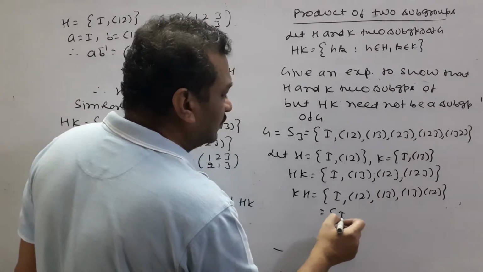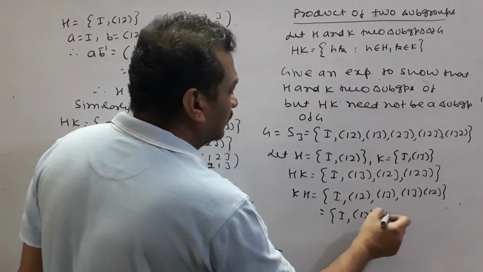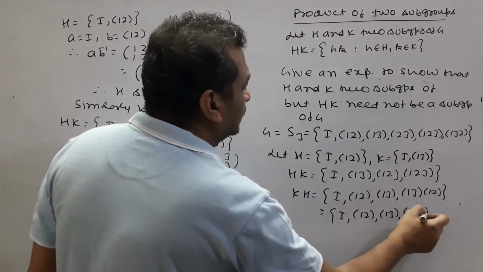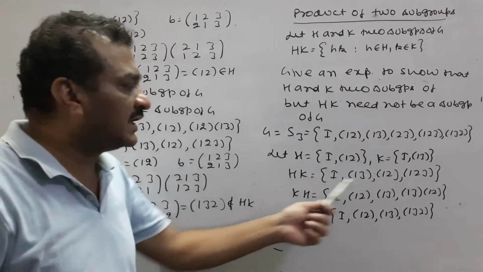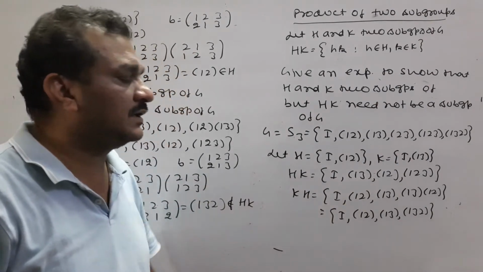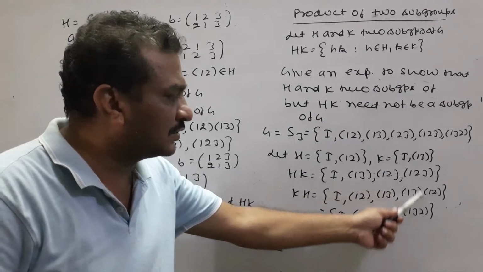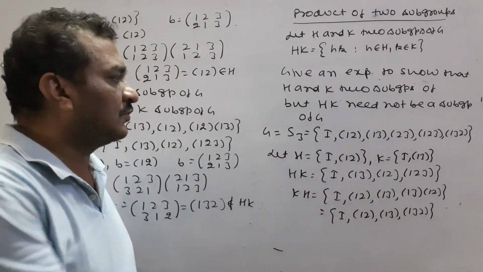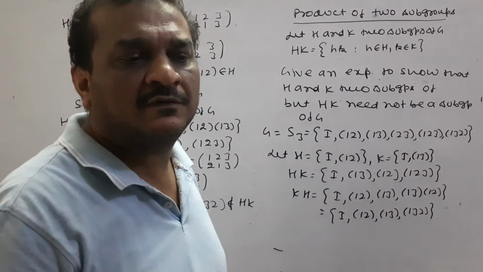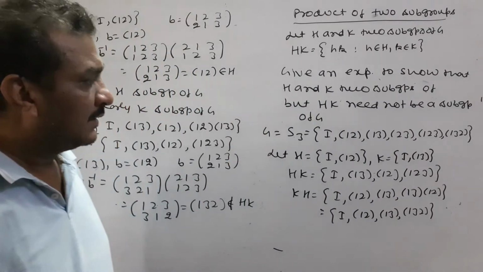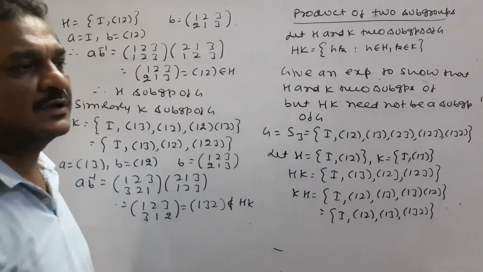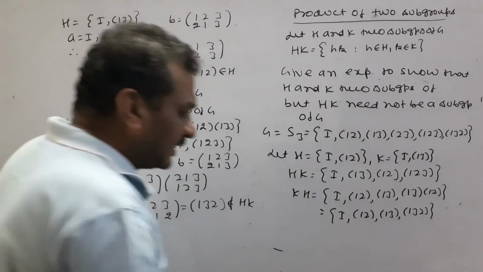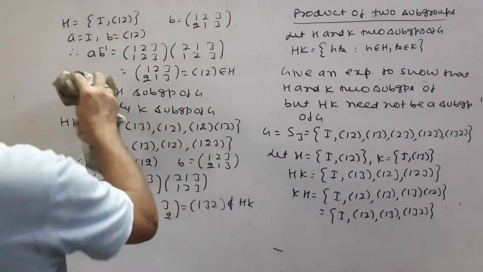This one equals I, (1 2), (1 3), (1 3 2). So HK is not equal to KH. Look, HK is not equal to KH. So the product is not a subgroup. So beta, let us start the theorem.